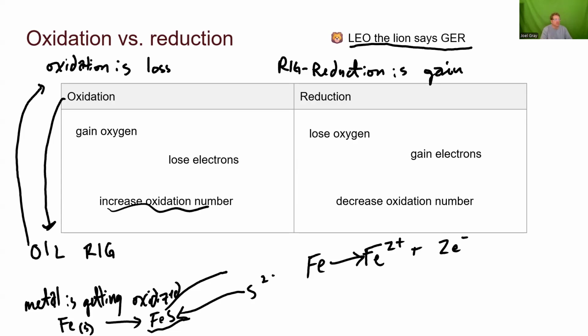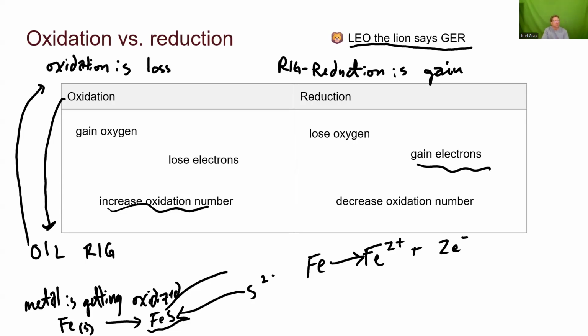Reduction is gain. Okay, so in order for something to get reduced, it will gain electrons. Could somebody add to the chat, what's the charge of an electron? Minus one, absolutely.